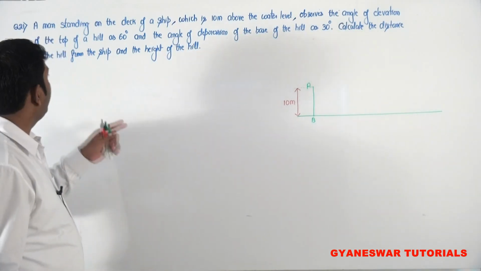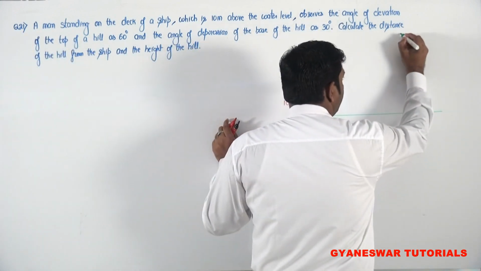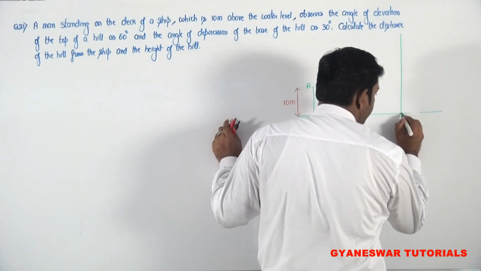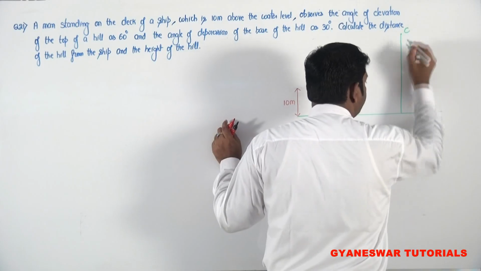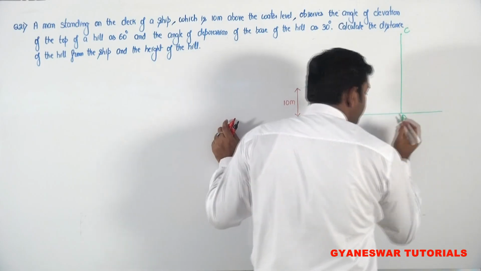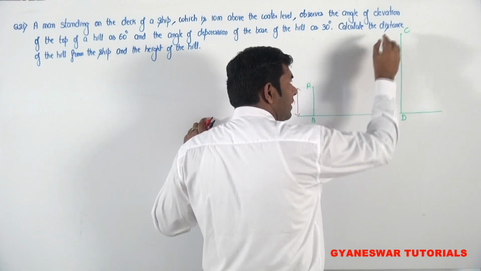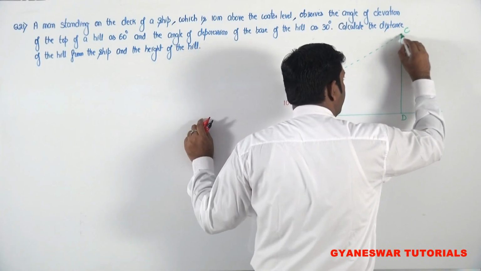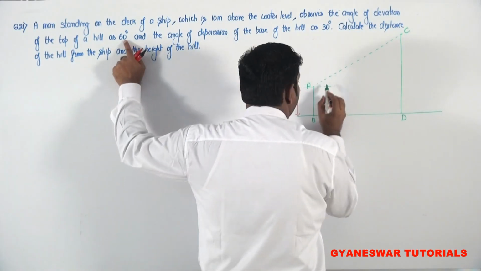Observes the angle of elevation of the top of a hill. The hill is here. This is the hill, CD is the hill. From here the top of the hill is seen, and the angle of elevation is 60 degrees.